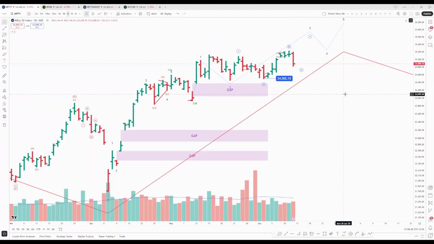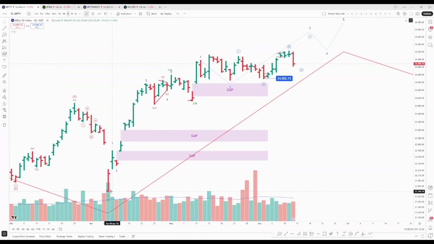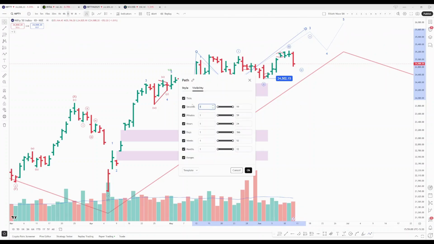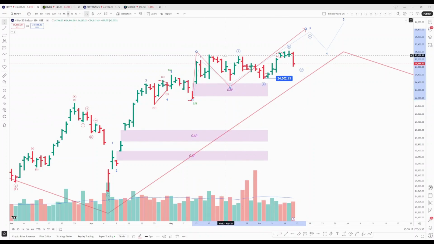So that's one alternative. Let me mark it. Basically what we are saying is this is A, B, and let me also color it differently so we know. Okay, so this is the alternative, one alternative, that this is not 1, 2, 3.